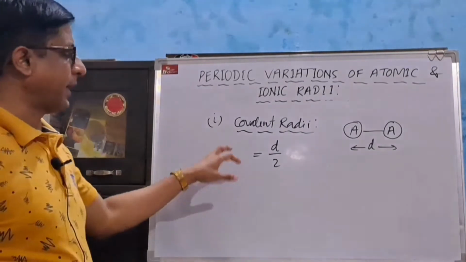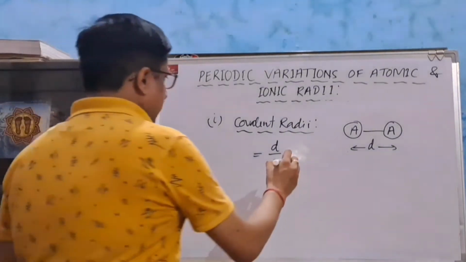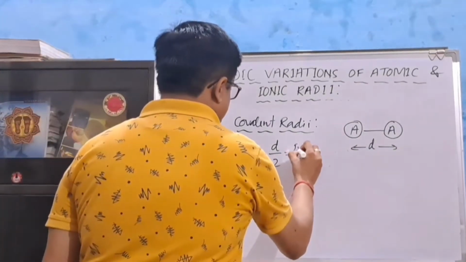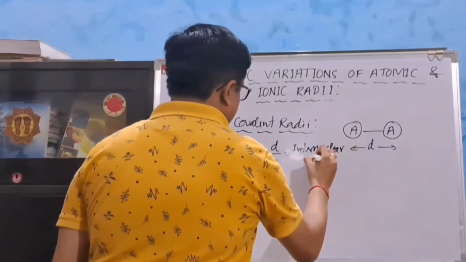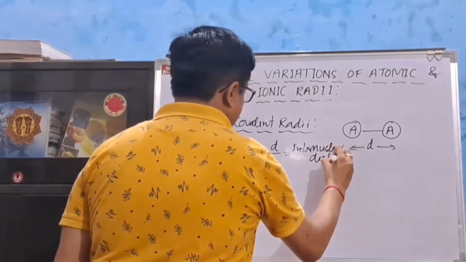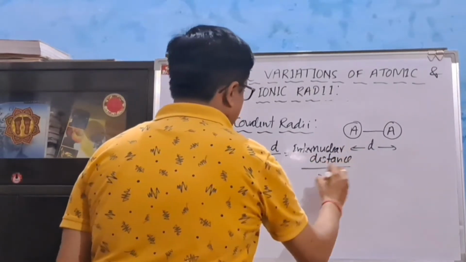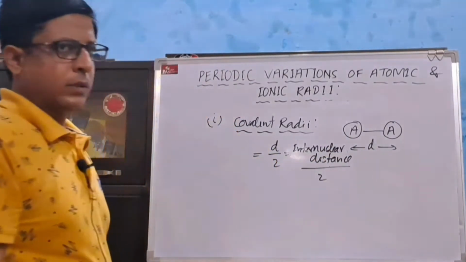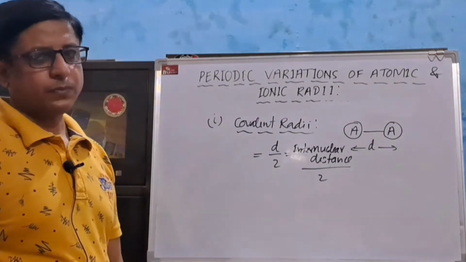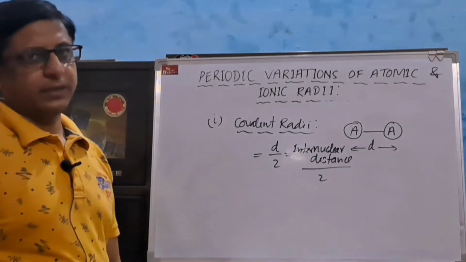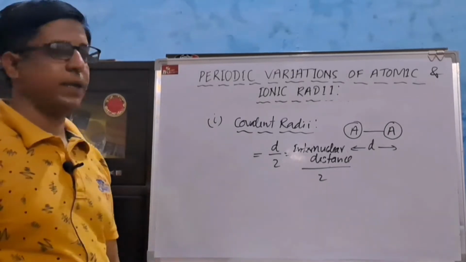The covalent radii is equal to internuclear distance divided by 2. This is the case of the non-metals in which covalent bond is formed.